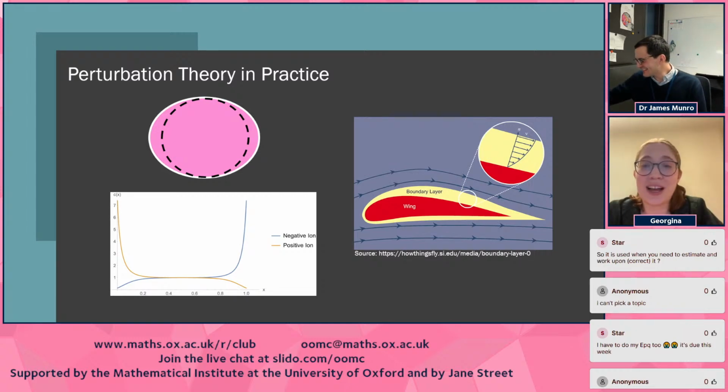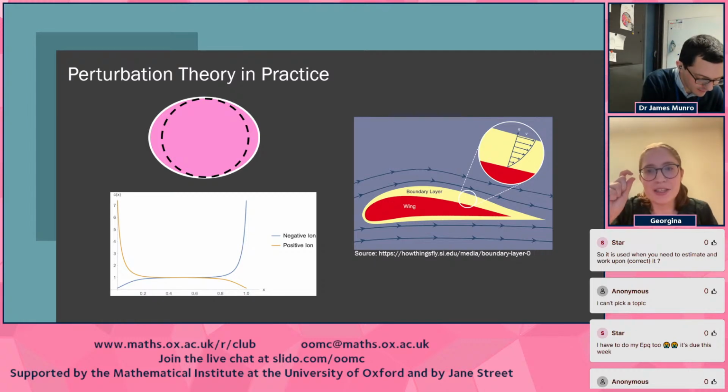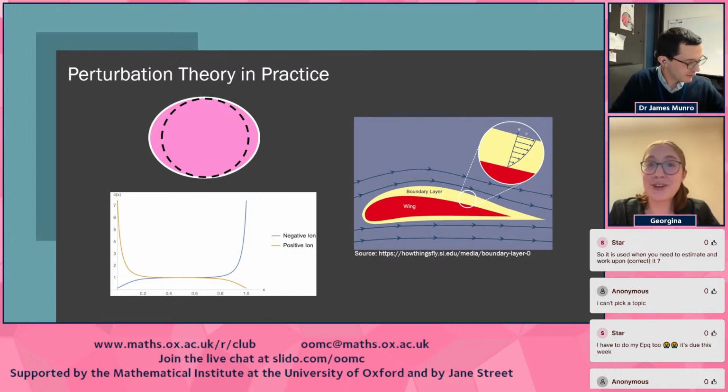And they realized that they were missing a bit of the maths in the model, and that was these really steep gradients appearing in just a small level outside of the plane wing, and they needed to use these boundary layer methods or perturbation theory methods in order to actually solve for the air velocity outside the wing in that really tiny region. And that provides the force that can allow a plane to fly. So this area of math was motivated by real world observations that we couldn't explain, which is kind of cool.